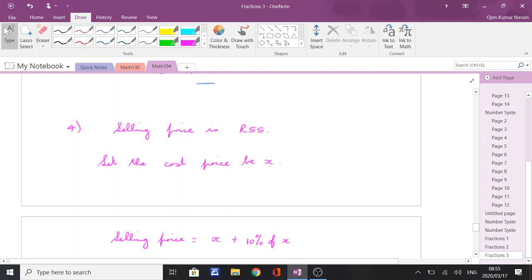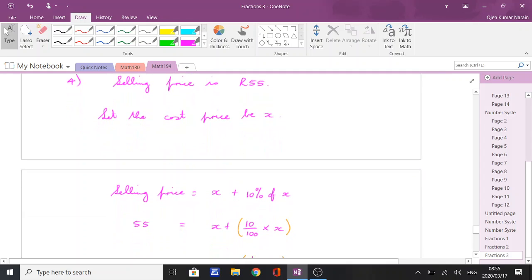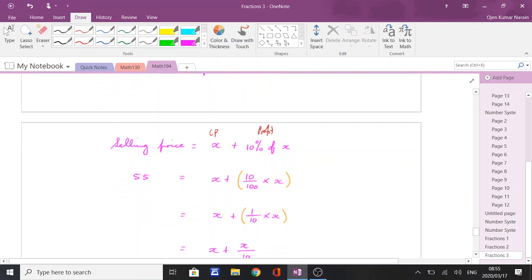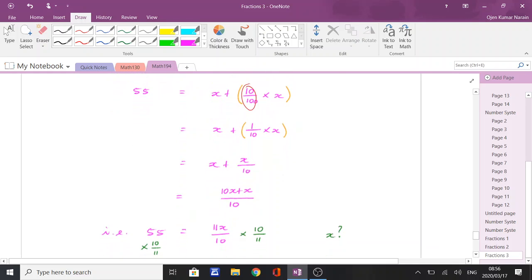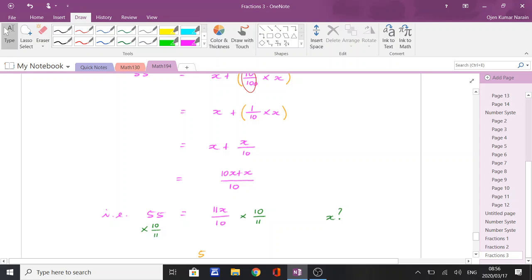Let the cost price be X. So the selling price was 10% of X plus X. So that's your cost price and that's your profit. So 55 rand was your selling price, and X plus 10% of X, which is 10 over 100. So X plus X over 10, and that is 11X over 10.